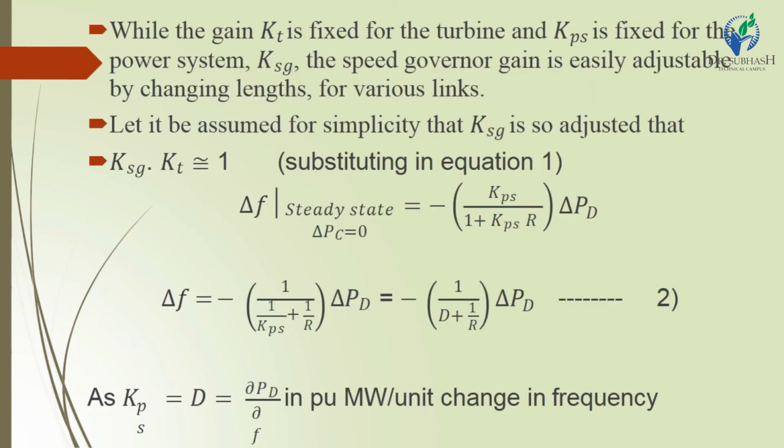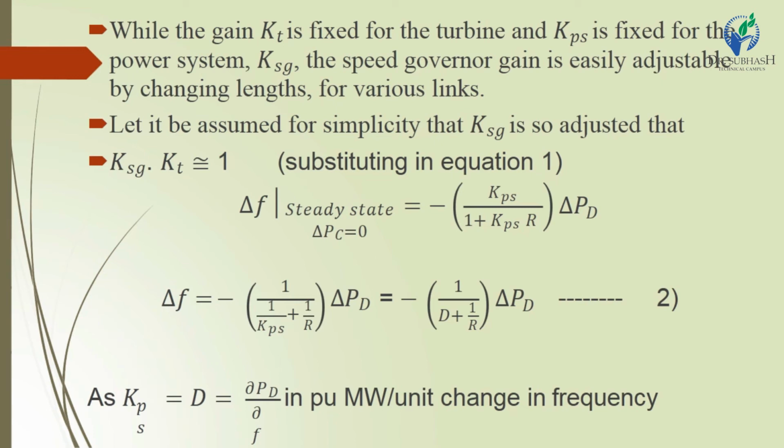While the gain Kt is fixed for the turbine and Kps is fixed for the power system, Ksg, the speed governor gain, is easily adjustable by changing the linkage. For simplicity, it will be assumed that Ksg is so adjusted that Ksg into Kt is equal to 1.